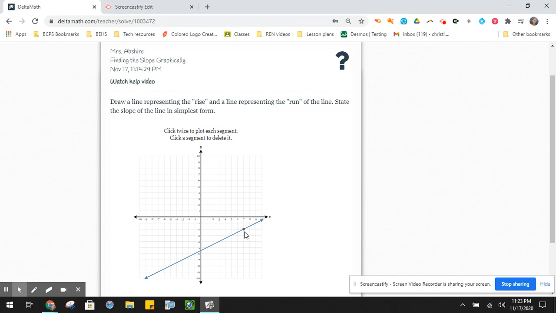I'm going to click right there. And I'm going to come over to, let's say I come here, because what I'm noticing is down here is another spot that I can make a point. So I just had to click to get all of those lines to make my right angle. I had to do the clicks, 2 clicks to make this line and 2 clicks to make this line.